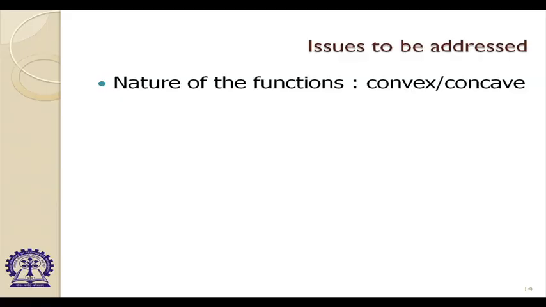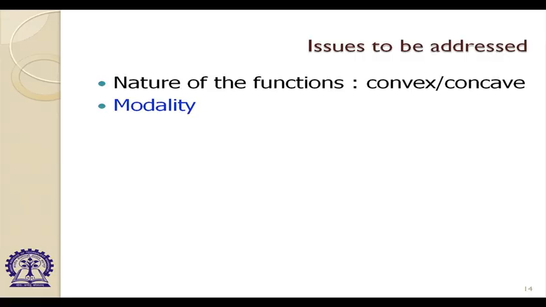There is a branch of optimization called convex optimization, and in convex optimization we can very easily say that this methodology will always give you the global optimal solution. That is why the study of convexity and concavity is very important for us. In the next class I will talk about it.